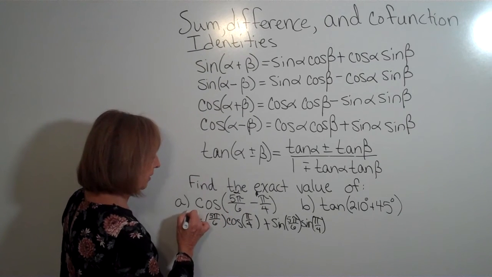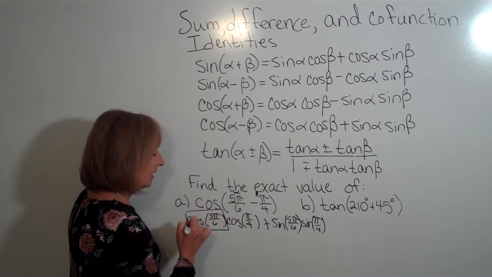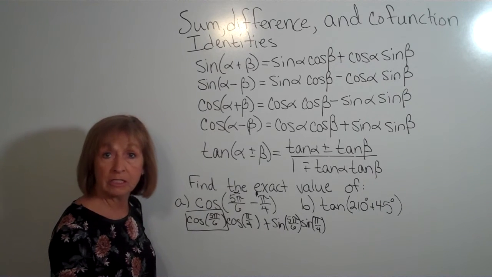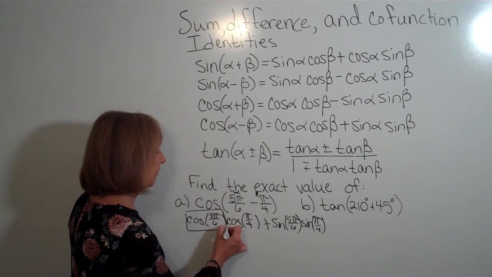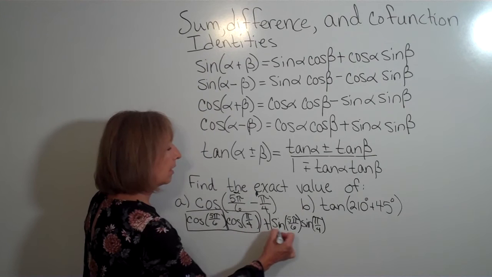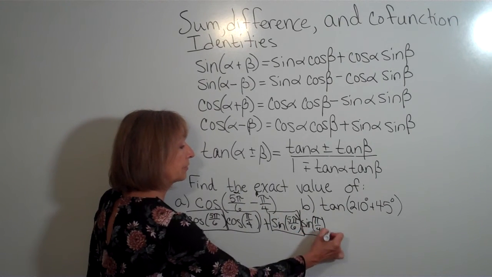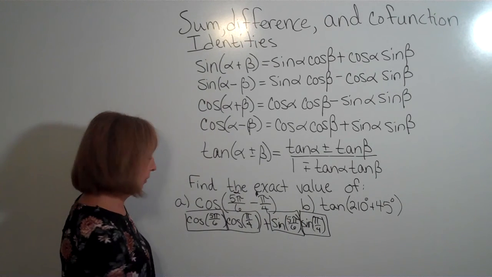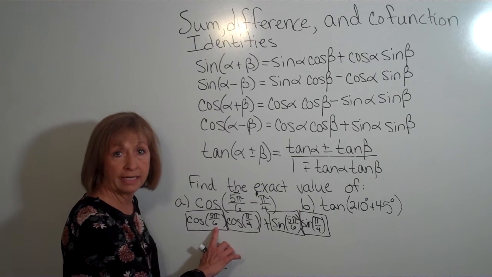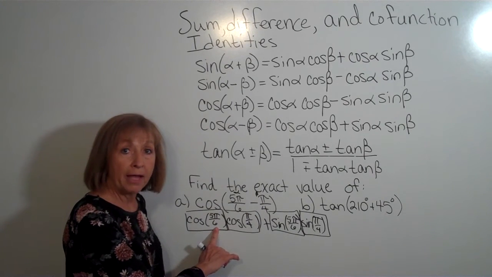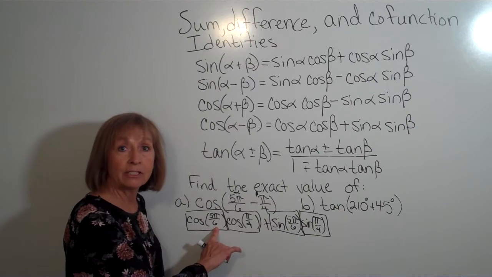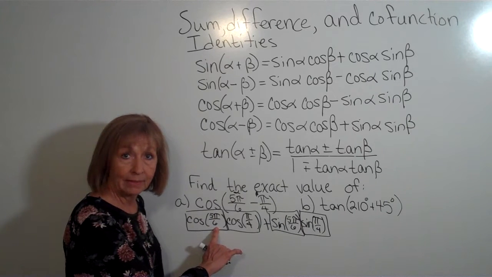So next up, within each of these are trig functions of our special angles, the ones that we've been working on for several different videos to be able to find their value. So for the cosine of 5 pi over 6, we'll think 5 pi over 6 is a second quadrant angle.